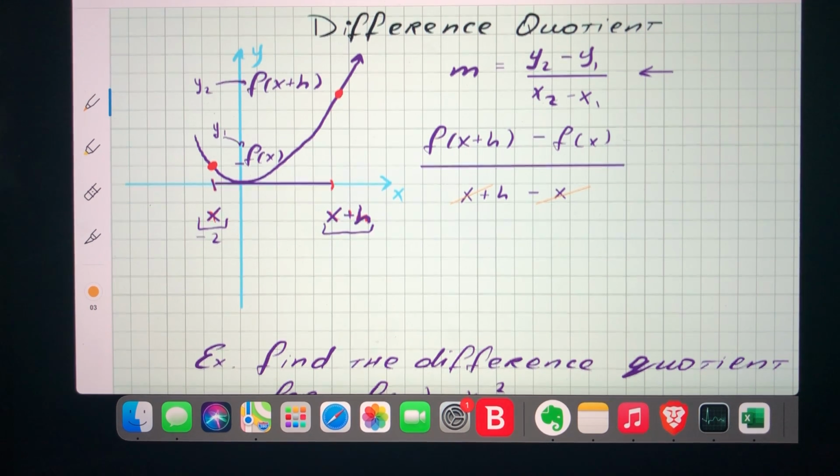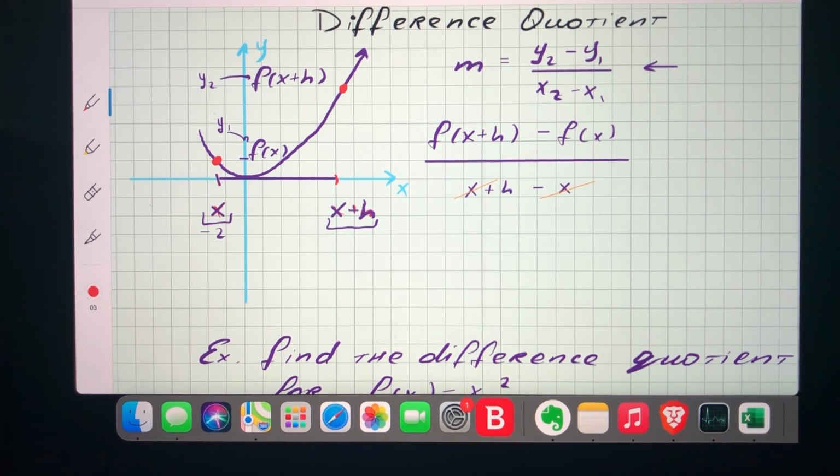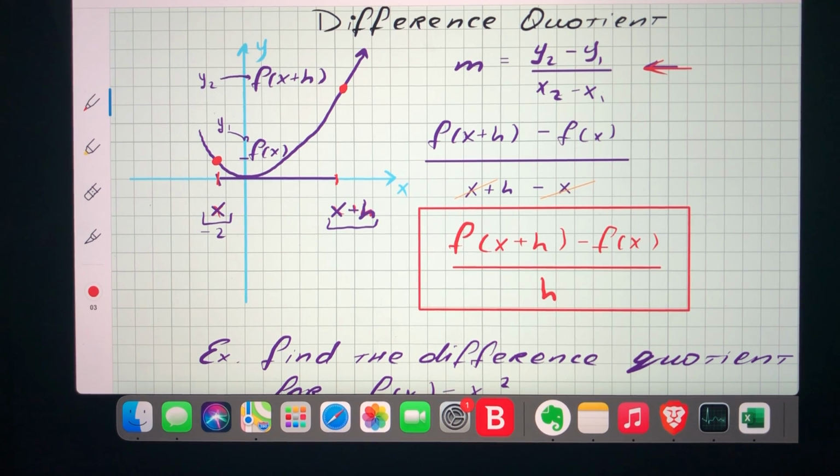And that leaves us with the formula for the difference quotient: f of x plus h minus f of x, the whole quantity, divided by h. So this is the difference quotient formula, and it is nothing more than the slope formula modified for our graph with 2 unknown points some distance h away from each other.